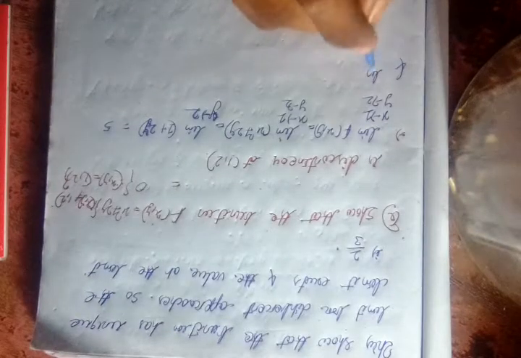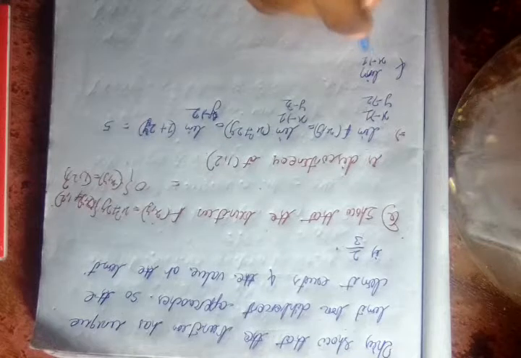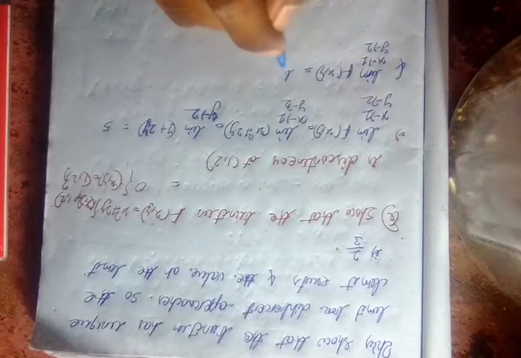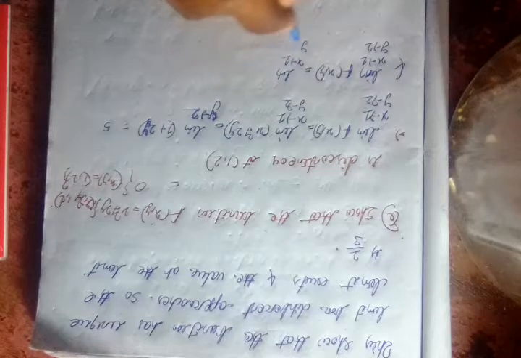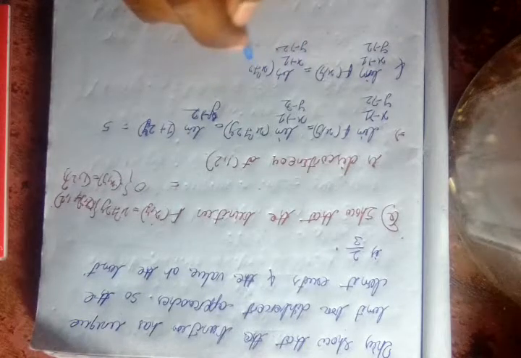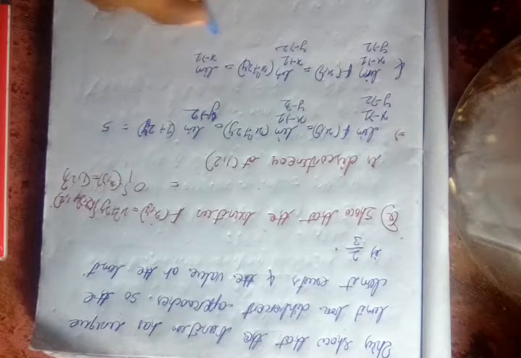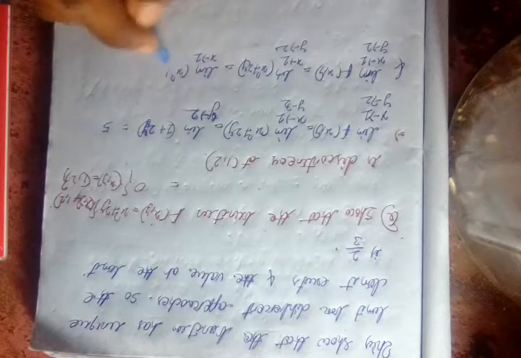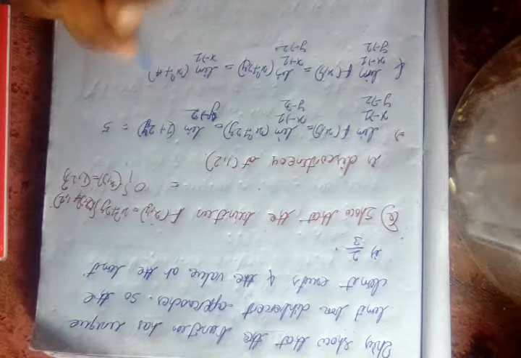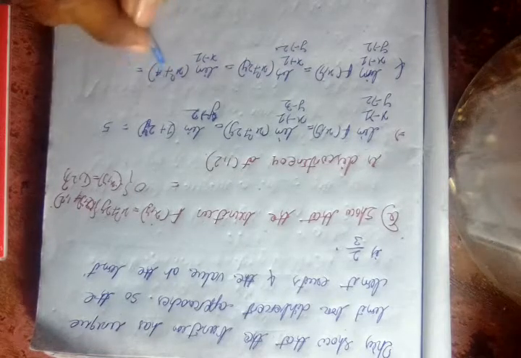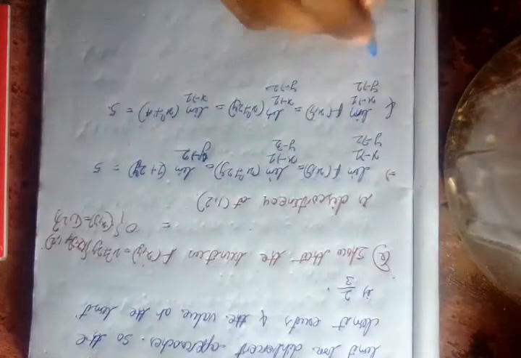And limit x tends to 1 and y tends to 2 of f(x,y) equals limit of x² + 2y. With y = 2: x² + 2 into 2 is 4, then x = 1 gives 1 + 4, equal to 5.